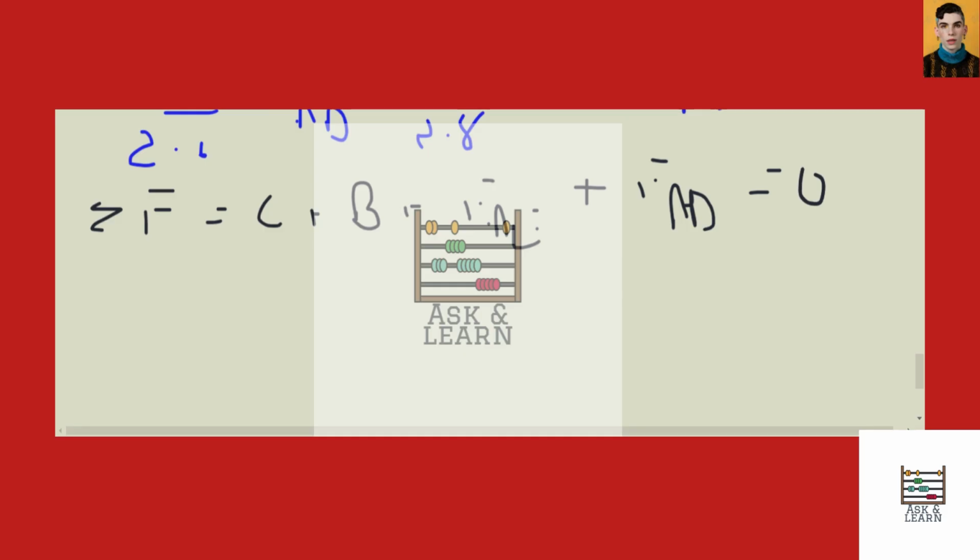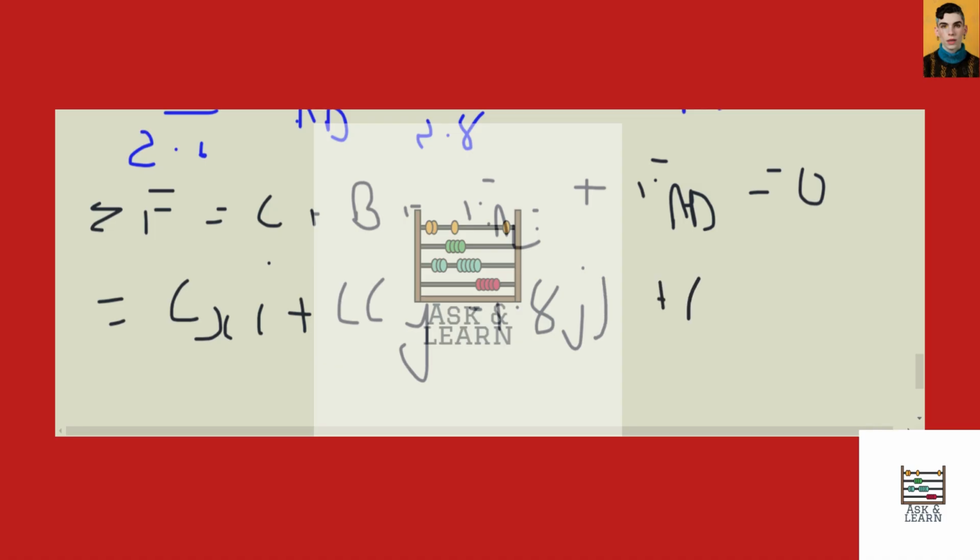Cx i plus Cy minus 1.8 j plus Cz minus 4.8 k is equal to 0.